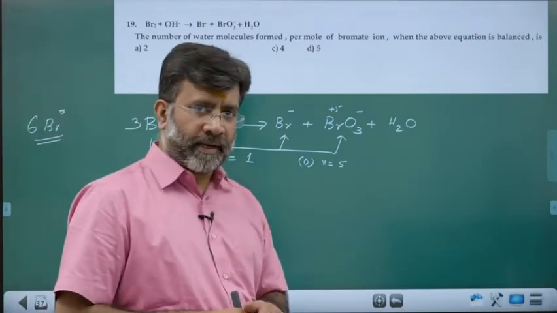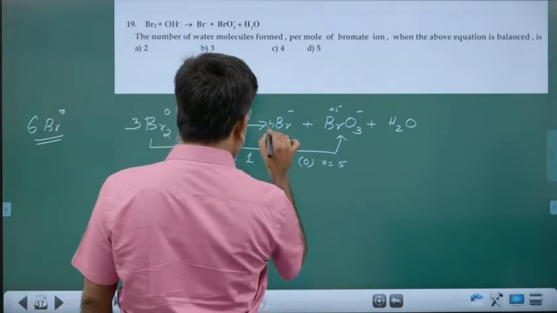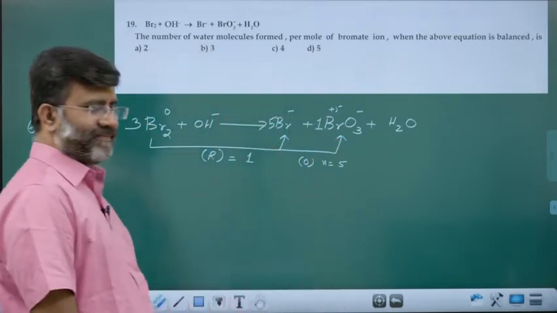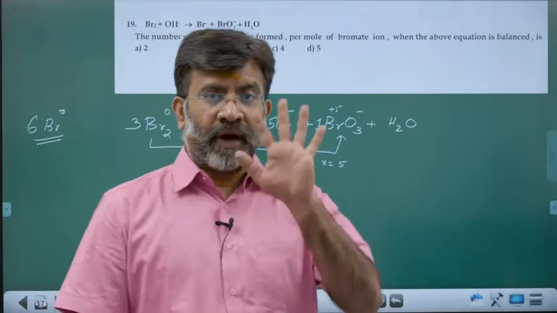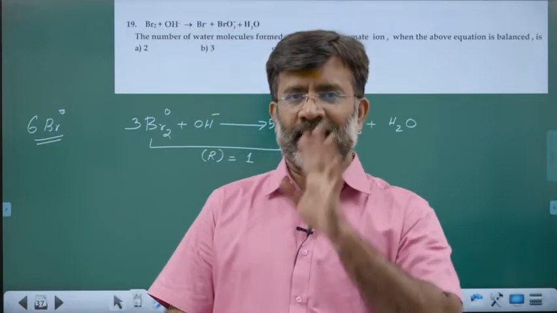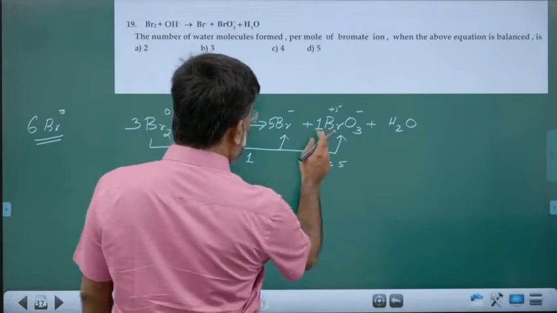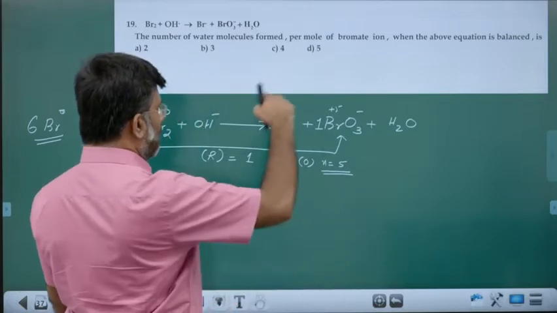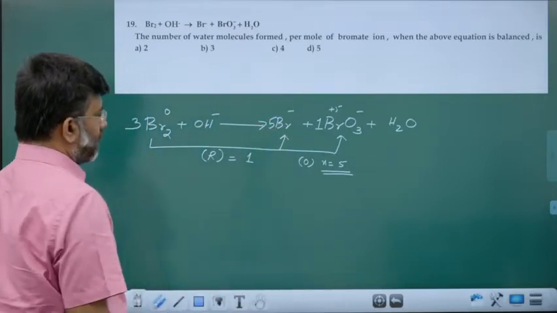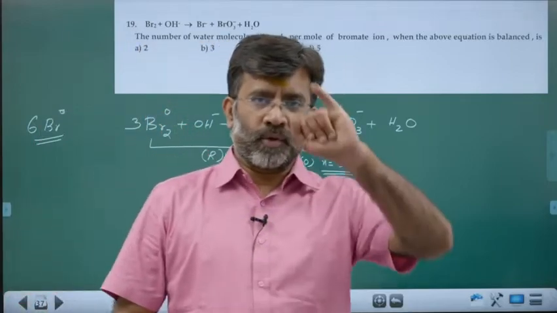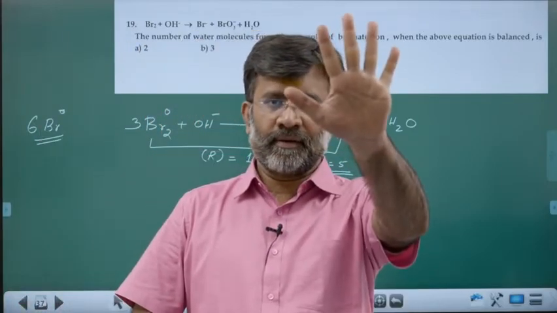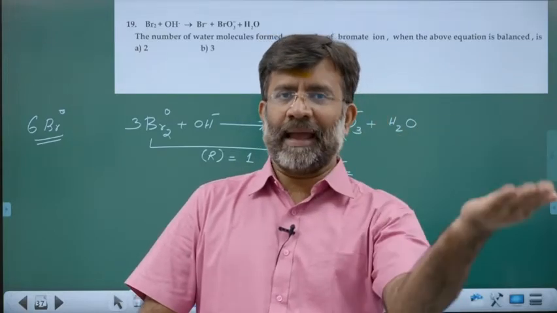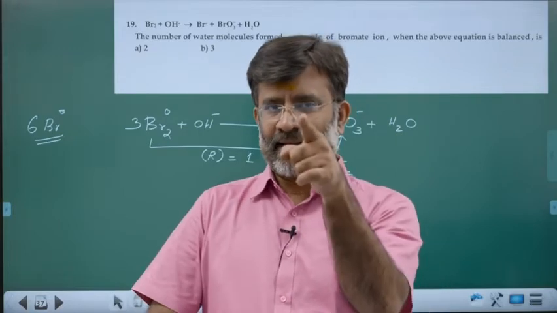Out of 6 bromine atoms, 5 undergo reduction and 1 undergoes oxidation. You see, 1 undergoing oxidation will lose 5 electrons. And those 5 electrons can be absorbed by 5 bromine. So out of 6 bromine, 1 bromine loses 5 electrons and 5 bromine accept those electrons. I think the logic is clear.